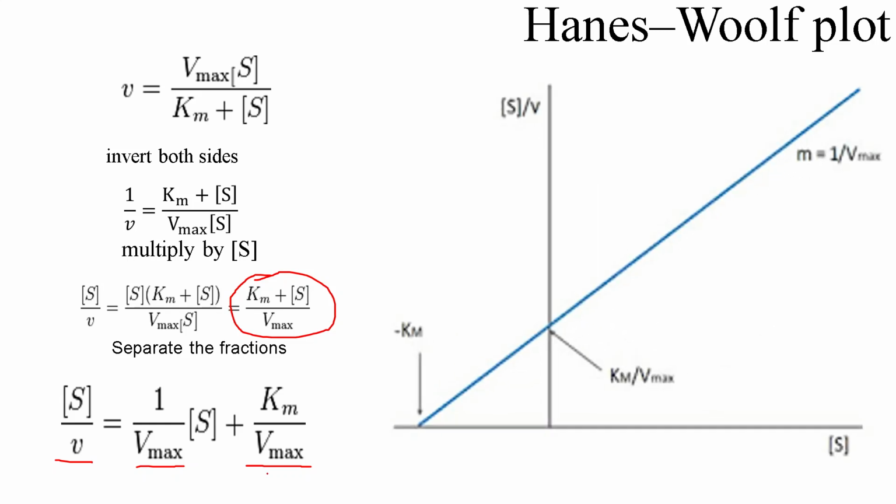Now, when you make a plot of S over V against S, you're going to have your intercept, which is this, to be your Km over V max. And then you're going to have your slope, which is your M, as 1 over V max. Okay, 1 over V max will be the slope, while the intercept on the S axis will give you your Km.